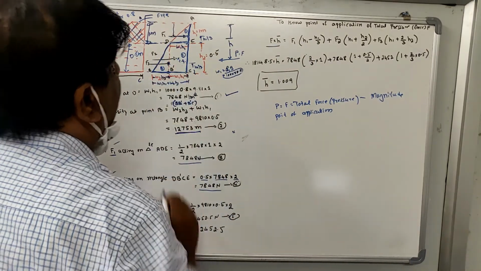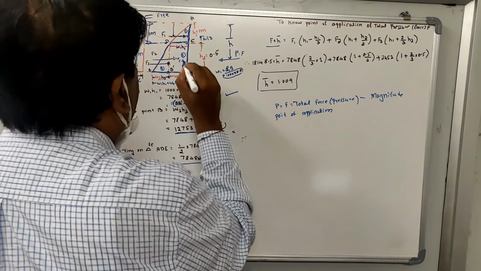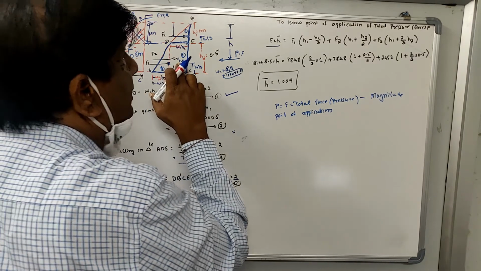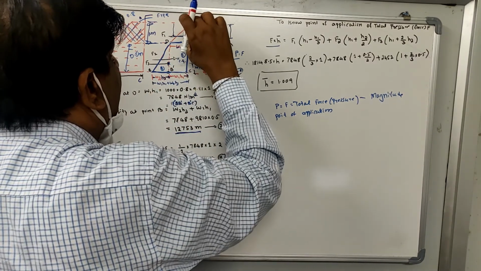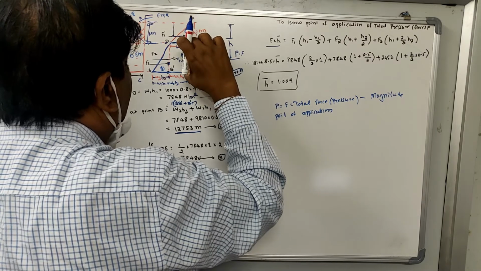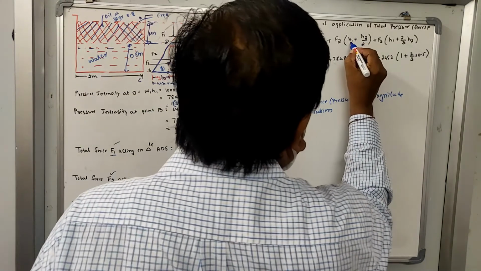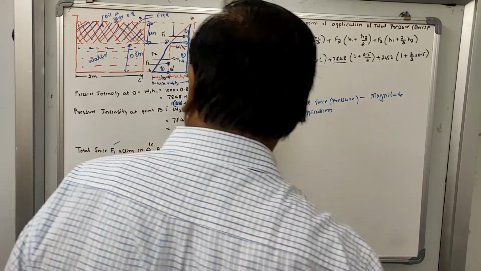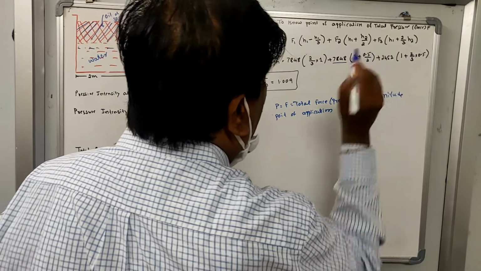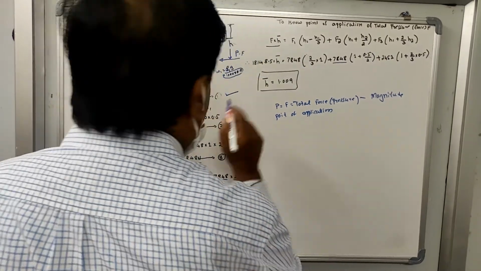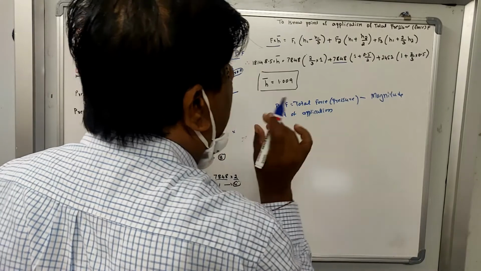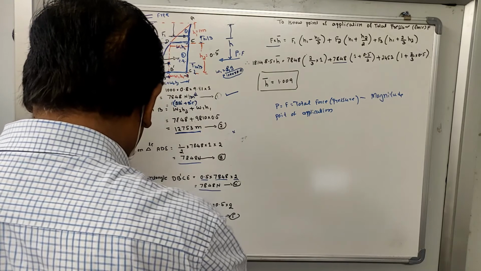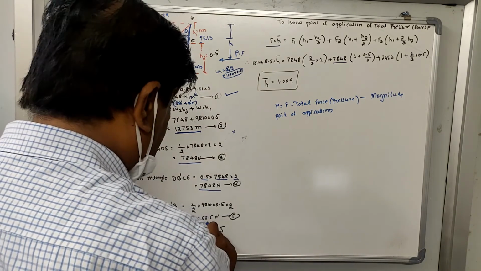Next is F2. F2 acts at the CG point of this rectangle. The CG point is at a depth of 1 meter, that is AE, plus half of h2, so the magnitude of this force is 7848 multiplied by (1 plus 0.5 by 2). Similarly, this is also an anti-clockwise moment. Then F3, whose magnitude is 2452.